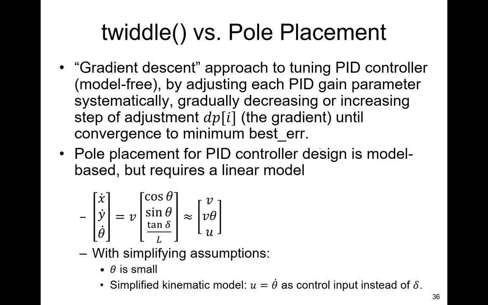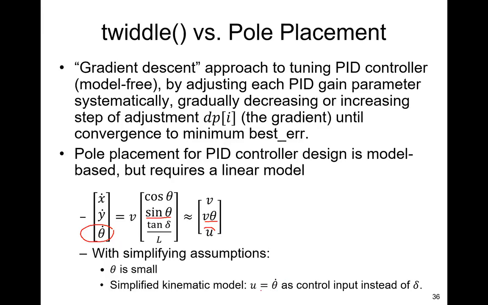So it's a very generic approach to tuning controllers, whereas previously we saw the pole placement approach for PID control design, where we did approximation, where sine theta is approximated as theta with a small angle assumption. An additional simplification is to assume that the angular velocity theta dot can be directly controlled.